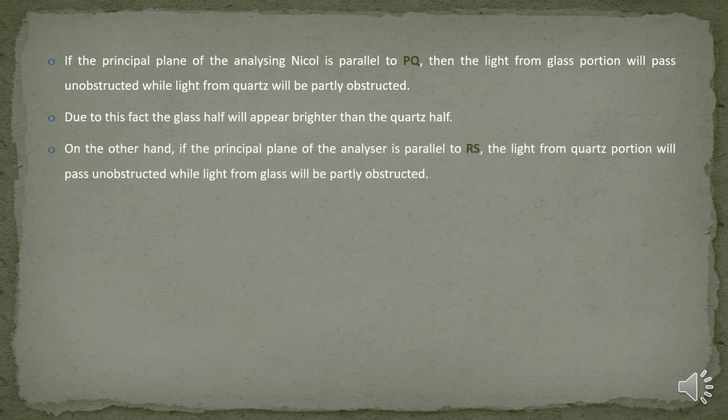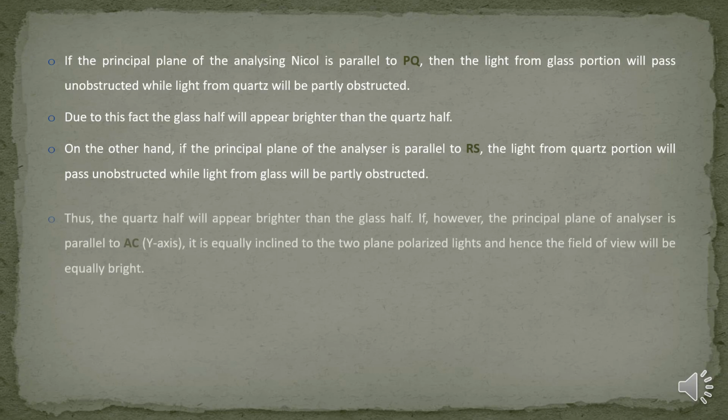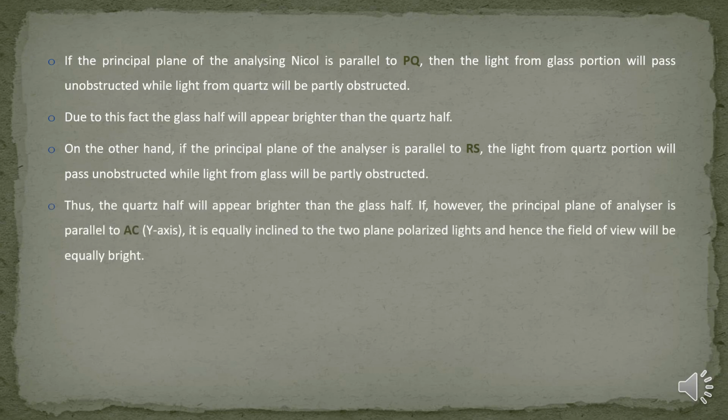On the other hand, if the principal plane of the analyzer is parallel to RS, the light from the quartz portion will pass unobstructed while the light from glass will be partially obstructed. Thus, the quartz half will appear brighter than the glass half.